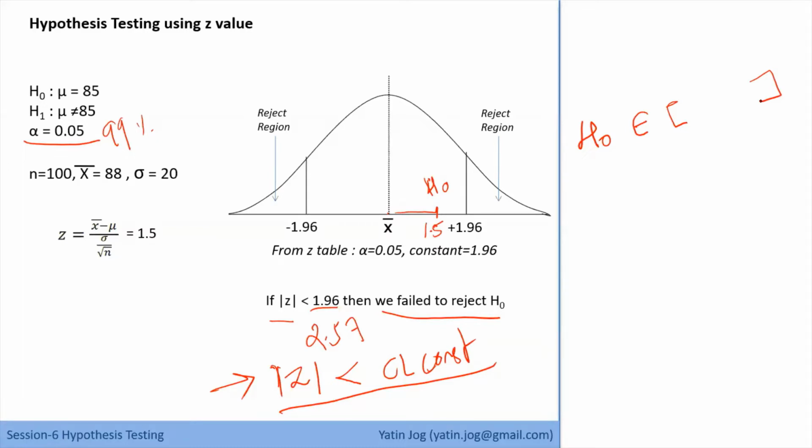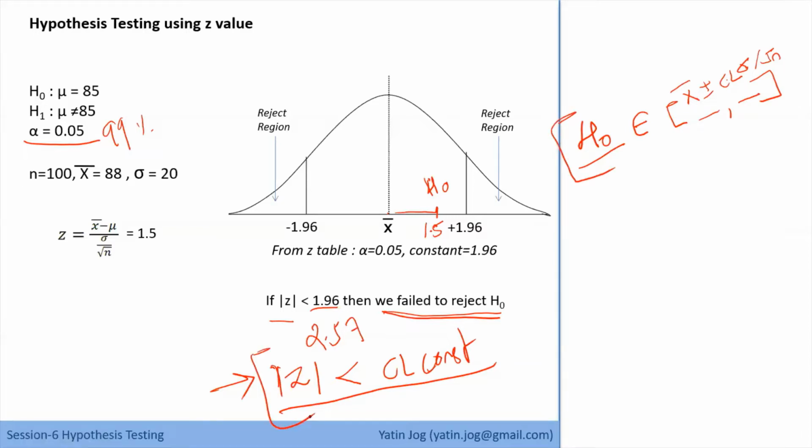In the interval estimation method, this is given by X bar plus or minus the confidence level constant into sigma divided by root n. That was the formula. Whatever interval of values you get using this formula, if your H0 belongs to this set of intervals, then you say we fail to reject H0. So this is your interval estimation method rule and this is your Z rule.